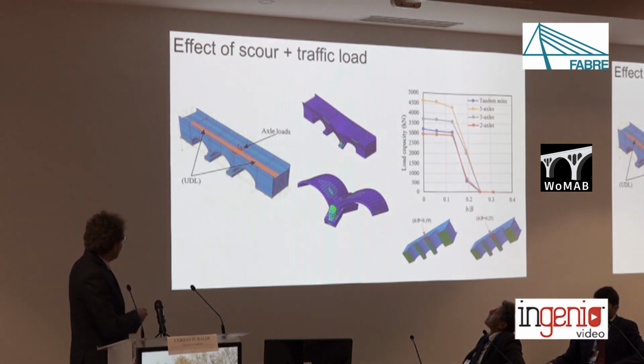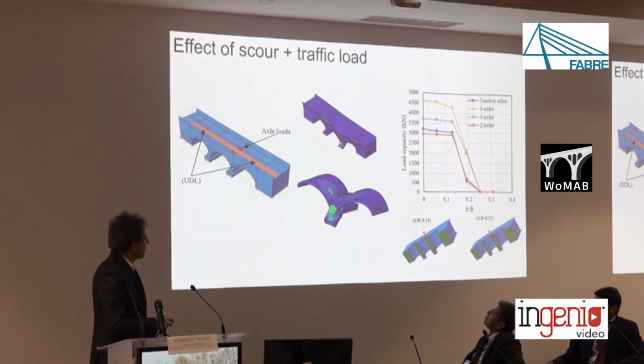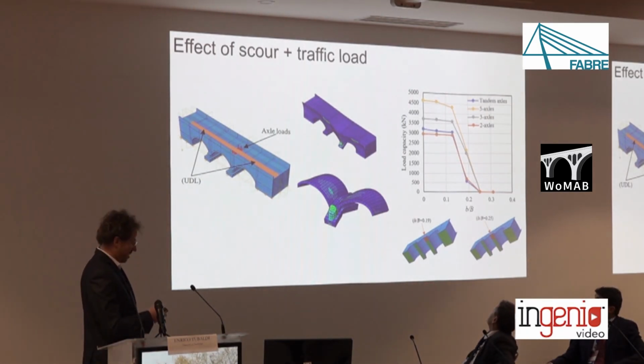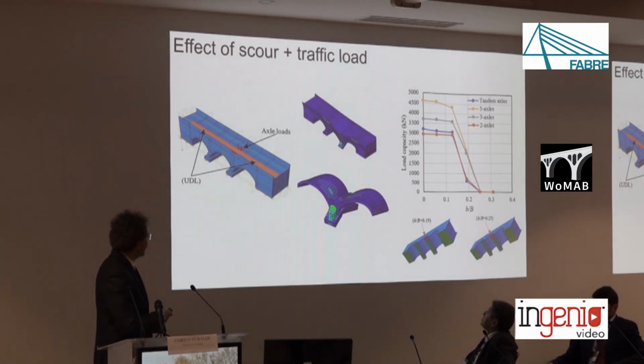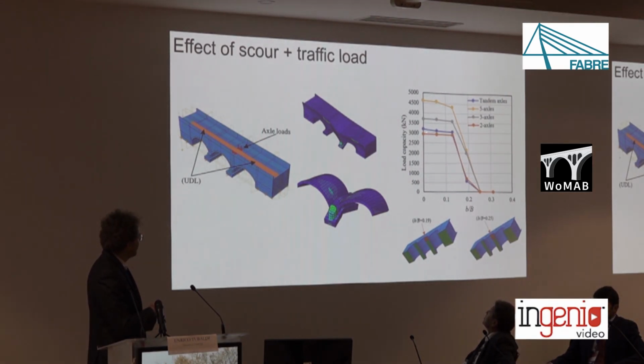This is a more recent study, not published yet, but here we also tried to evaluate the effect of scour on the capacity of the bridge against traffic loading. And so we simulated different schemes for describing the load of the traffic. And again, very similar response.